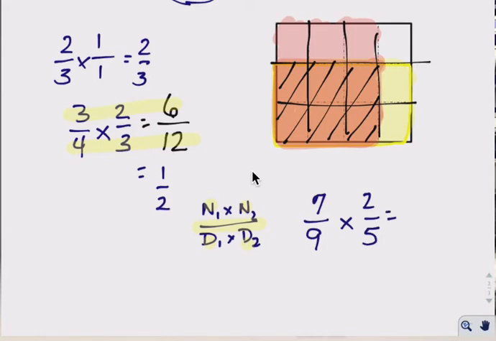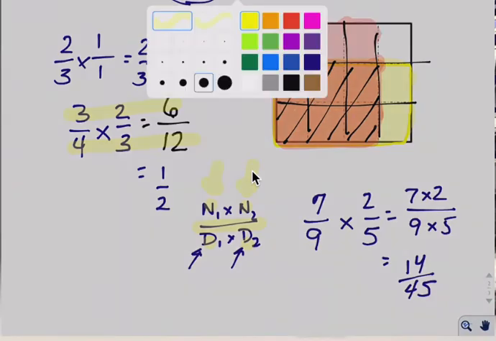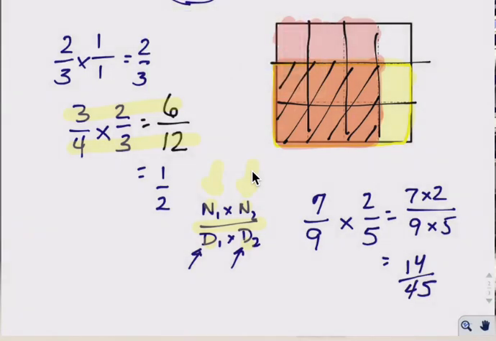Well, it's numerator times numerator, 7 times 2, over denominator times denominator, 9 times 5. So it's 14/45. And that's how you multiply fractions. It doesn't get any easier than multiplying fractions. Numerator times numerator, 7 times 2 is 14, over denominator times denominator, 9 times 5 is 45.